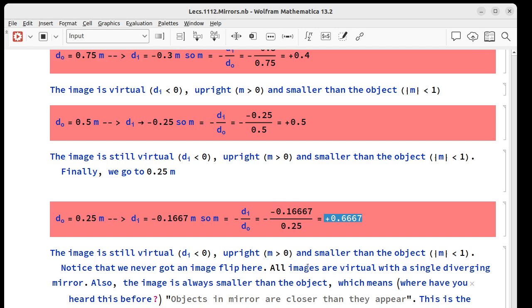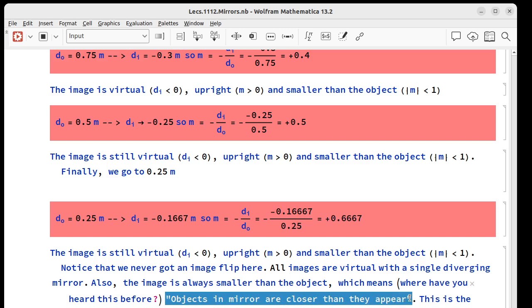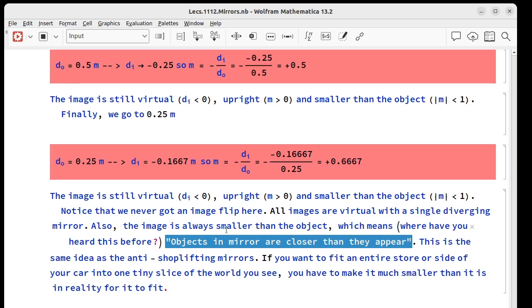If the image is always smaller than the object when you look at it, it means objects in the mirror are closer than they appear, just like on the right-hand side of your car. It's the same thought as the anti-shoplifting mirrors. If you're trying to fit an entire store into this little tiny space that the mirror takes up, you have to make it much smaller for it to be able to fit into that space.